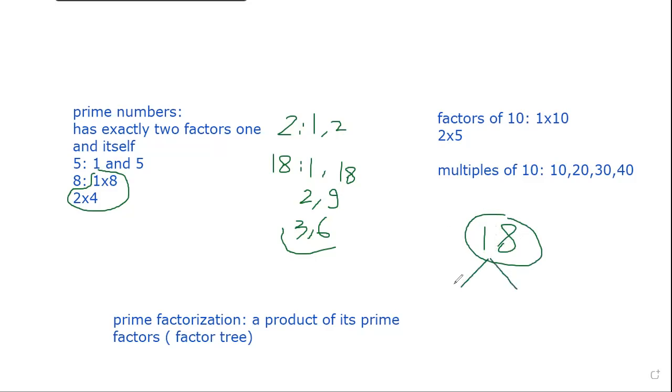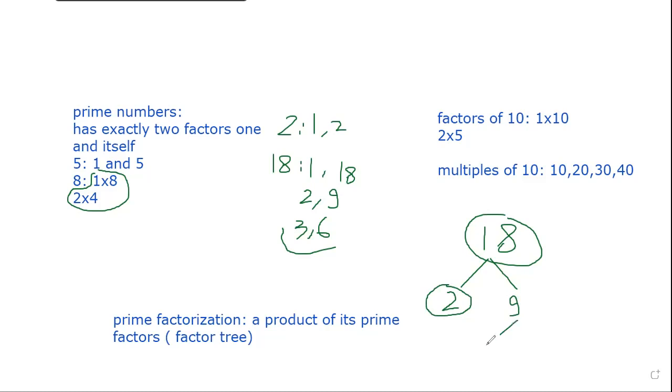So for 18, first I start with any 2 numbers that I multiply to get 18, except 1 and 18. For example, we can start with 2 and 9. Now, the number which is prime, we circle it as a sign it's a prime number, and the other number, 9, is not prime because it has more than 2 factors.